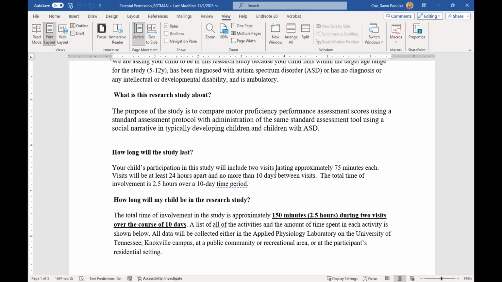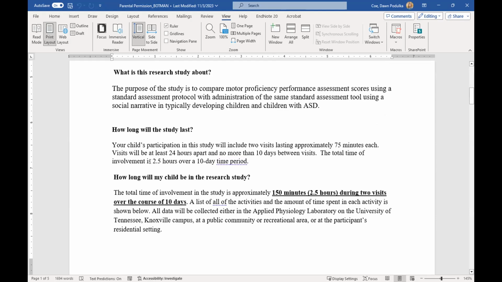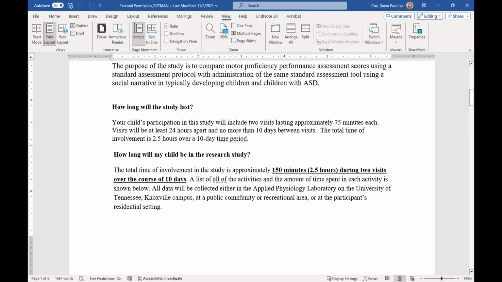Most kids, it's going to take 15 to 20 minutes, but we always have to err on the side of caution and go with the longest time frame. So about 2.5 hours over a 10-day time period. There'll be 2 visits, at least 1 day apart, but no more than 10 days between the visits.